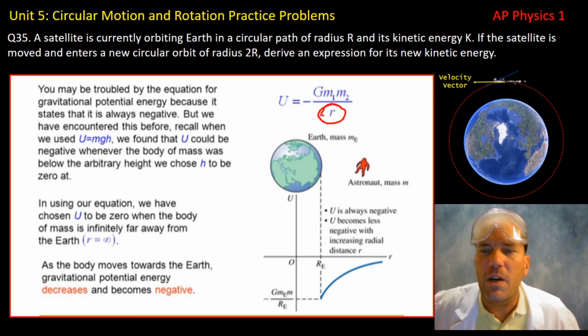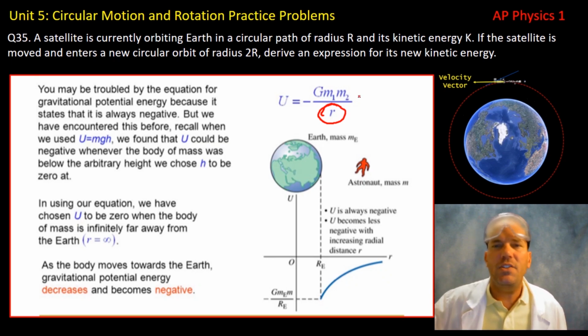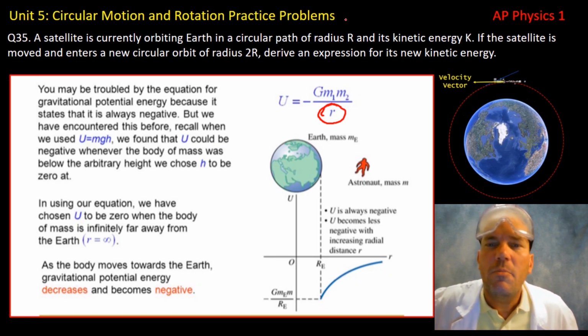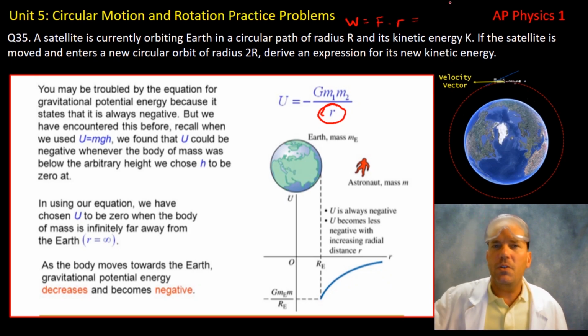It is not squared. And we talked about change in kinetic energy, changes in mechanical energy being equal to work, being equal to force times a distance, that force exerted. In this case, our distance is r.